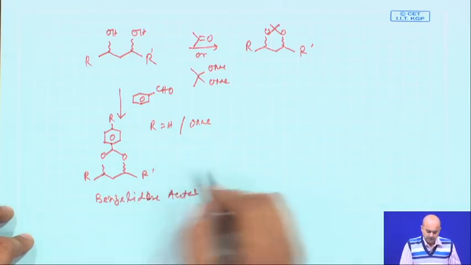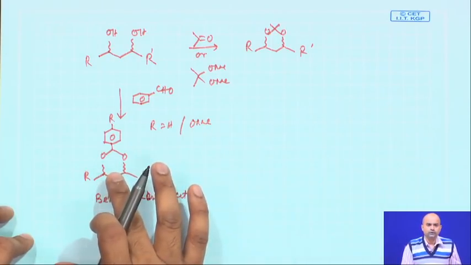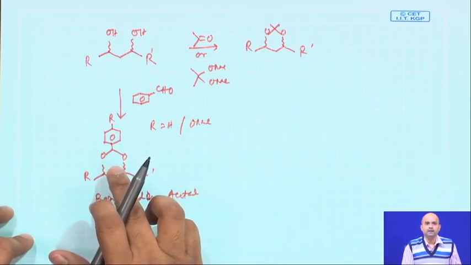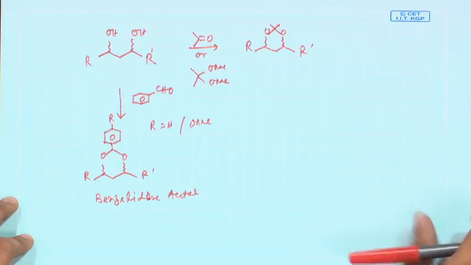Now, this acetal is a good protecting group, it is absolutely fine, no issue. But normally, as I said, the acetals are basically acid labile. I mean, if your reaction conditions are strongly acidic or even a little bit acidic, the acetals tend to open up.